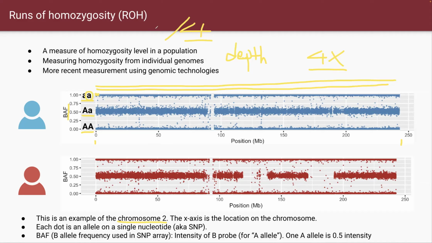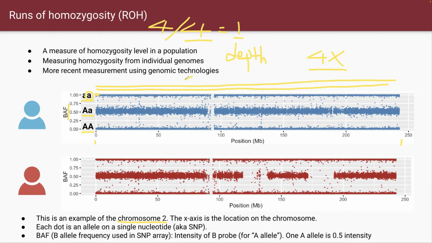If you see it 4 times, then it will be 1. That is the BAF, B allele frequency, of 1, because at that position you only have small a. So we can easily infer that the position has small a and small a, a homozygous variant genotype.